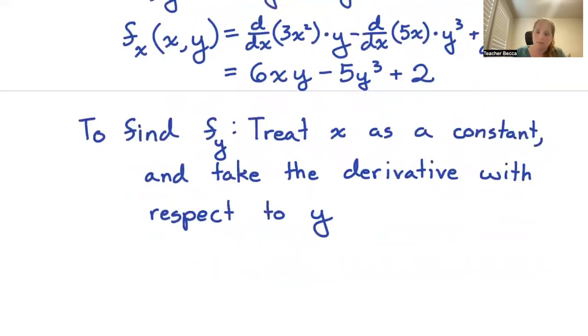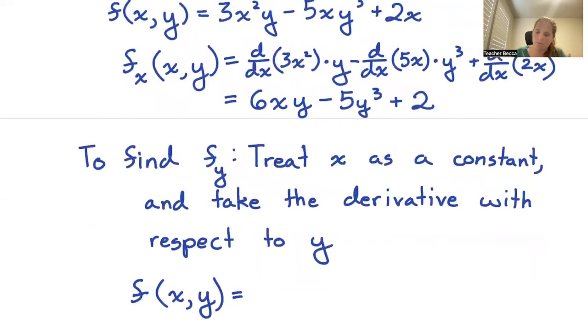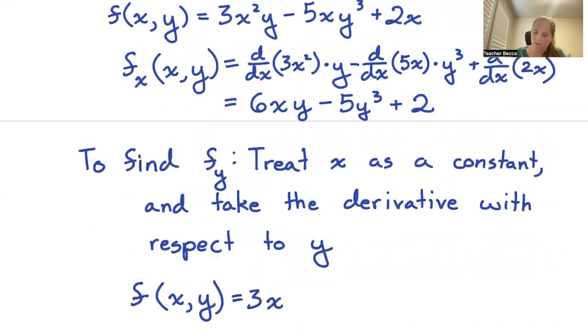Before we do the partial, let's rewrite f of x, y equal to 3x squared y minus 5xy cubed plus 2x.